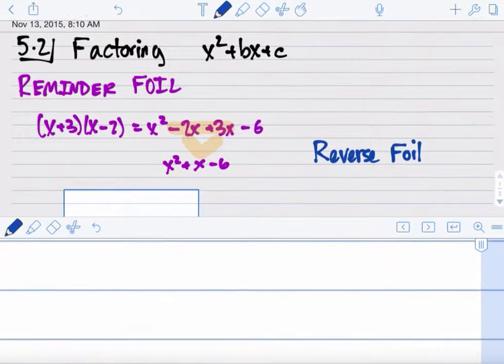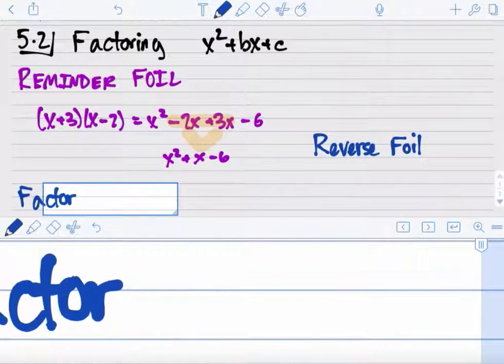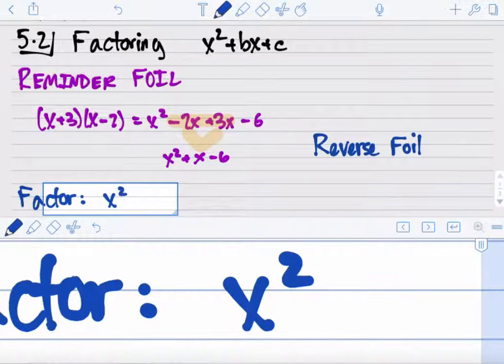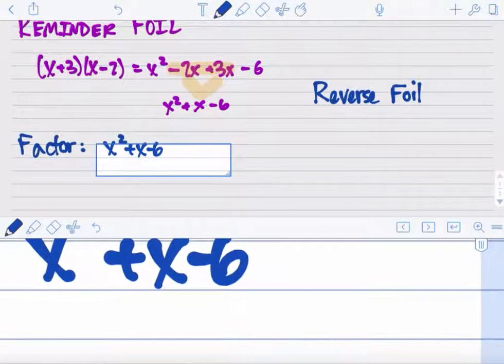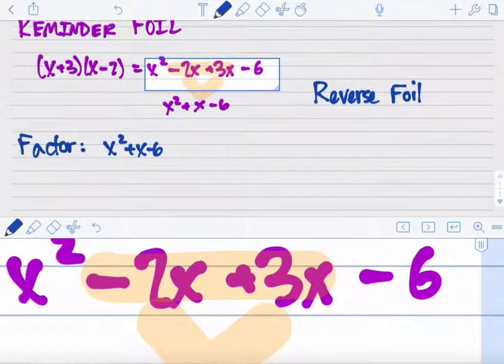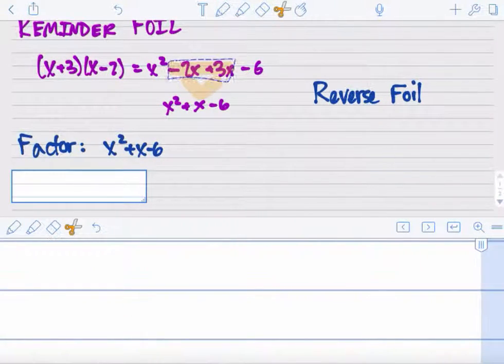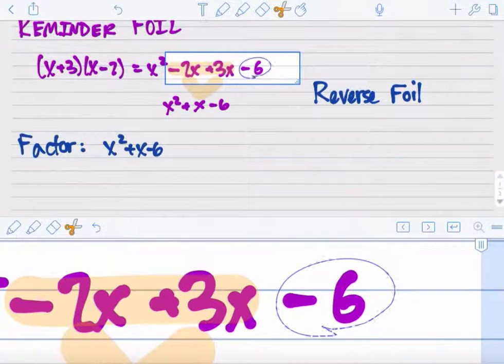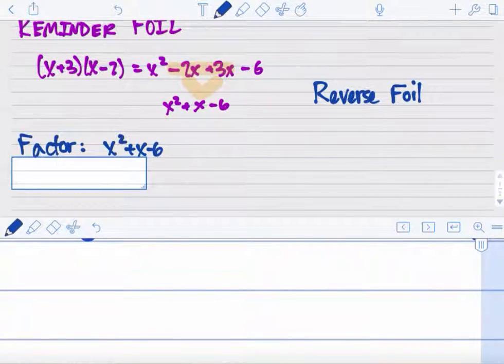Okay, so we'll come back to that. The idea is, if I have my expression x squared plus x minus 6, I want to factor it. I know the negative 6 came from 3 times negative 2, so my last is equal to negative 6.